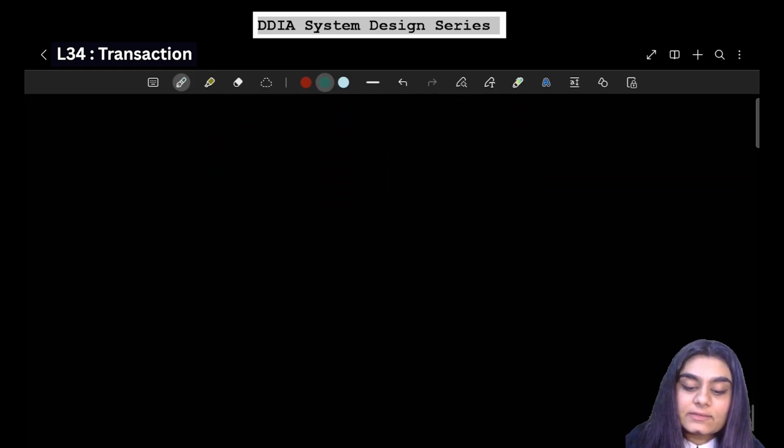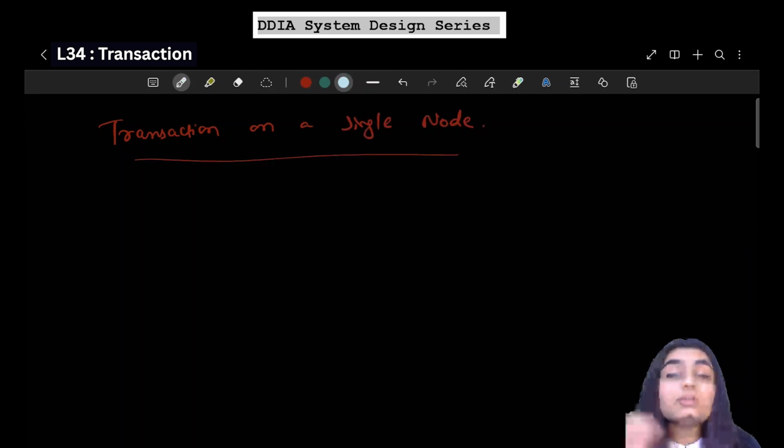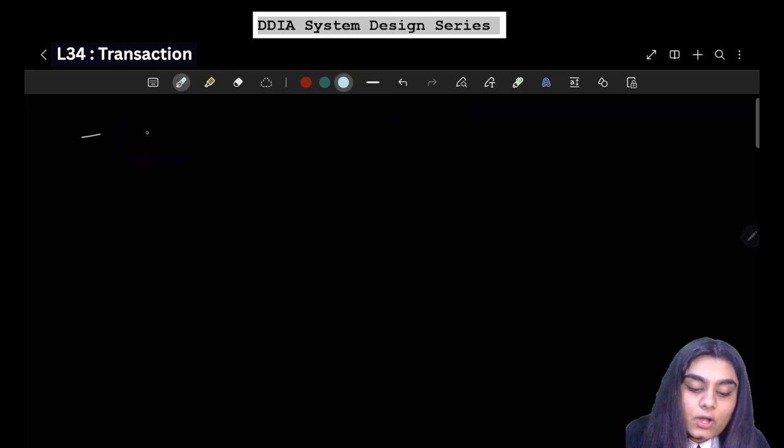Okay, in that case, let's talk about transactions on a single node. In a single node relational database, like a traditional SQL database on one server, the database engine ensures ACID using the techniques we described. Let's talk about atomicity and durability.